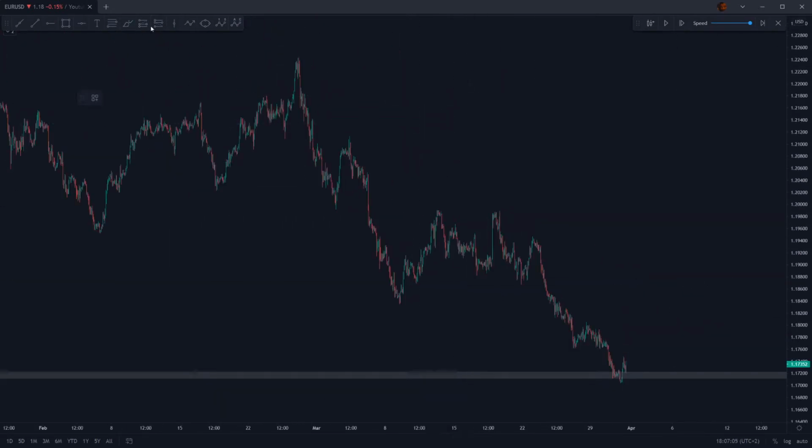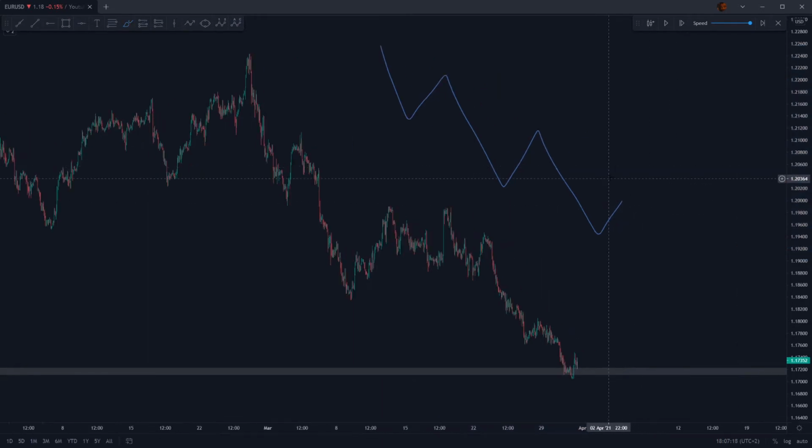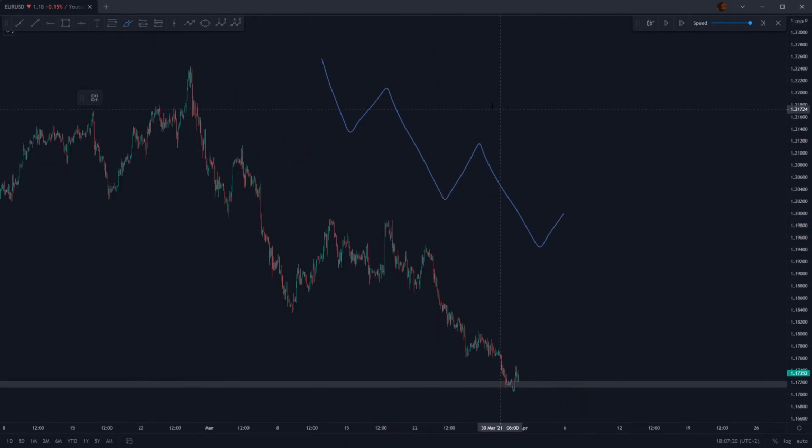Well, this mainly has to do with the fact that higher time frames consist of impulses and pullbacks. What does this look like? We have an impulse, a pullback, an impulse, a pullback, an impulse, and a pullback. The interesting thing is that the higher time frame pullbacks consist of lower time frame trends. So in this situation, I was looking to trade the higher time frame pullback in the form of a lower time frame uptrend.